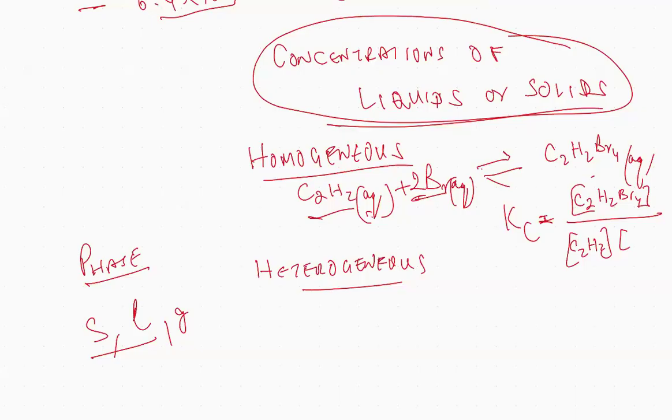Okay, so let us take a different one for homogeneous because I want to show you Kp too. So remember, when you say Kc, all these values are in concentration terms, that means moles per liter.